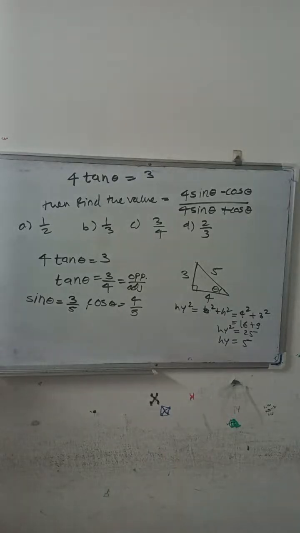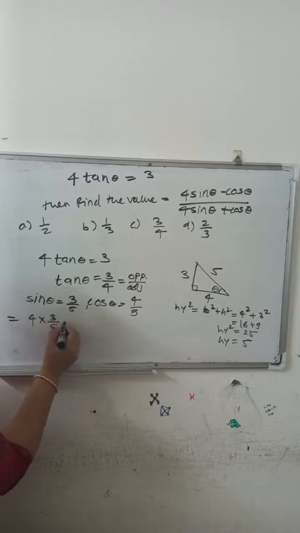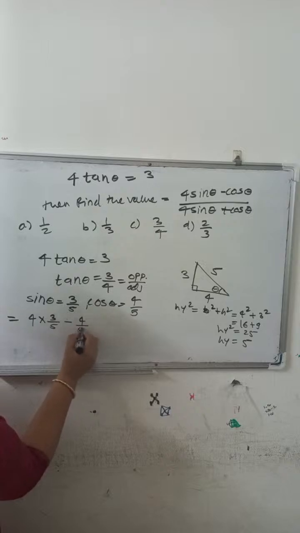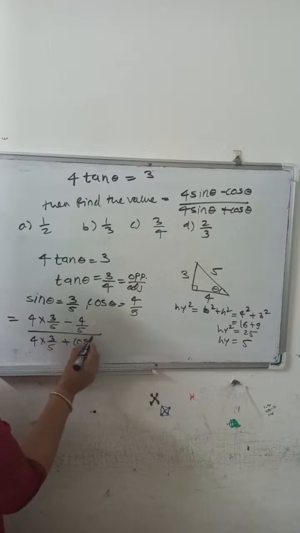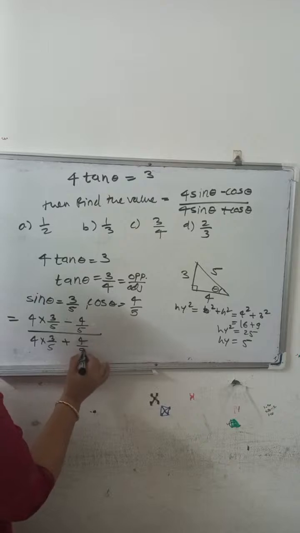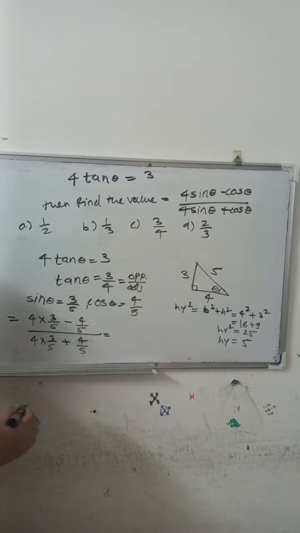Are you getting this? Okay. Now put all the values in that equation. 4 into 3 by 5 minus cos theta, which is 4 by 5, divided by 4 into 3 by 5 plus cos theta, which I got as 4 by 5. Now simplify. The denominator is the same, no need to take LCM.